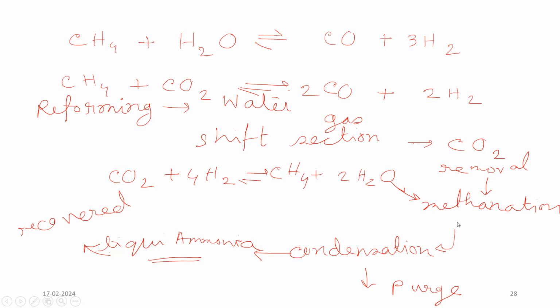Then this mixture is condensed, extra gases are purged out, and whatever hydrogen is left reacts with nitrogen and produces liquid ammonia, and then the liquid ammonia is recovered. So this is the whole process of the integrated ammonia plant.